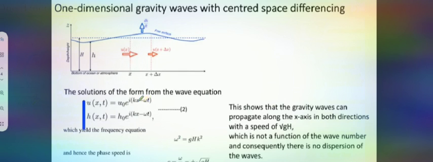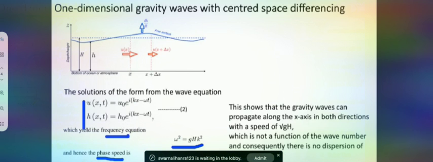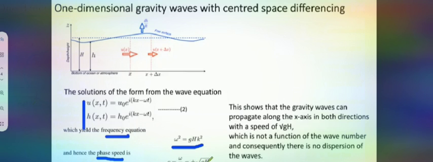And this frequency equation will come as omega squared equals g h k squared. And the phase speed also you have studied, c equals omega by k, which is given by plus minus square root of g h.